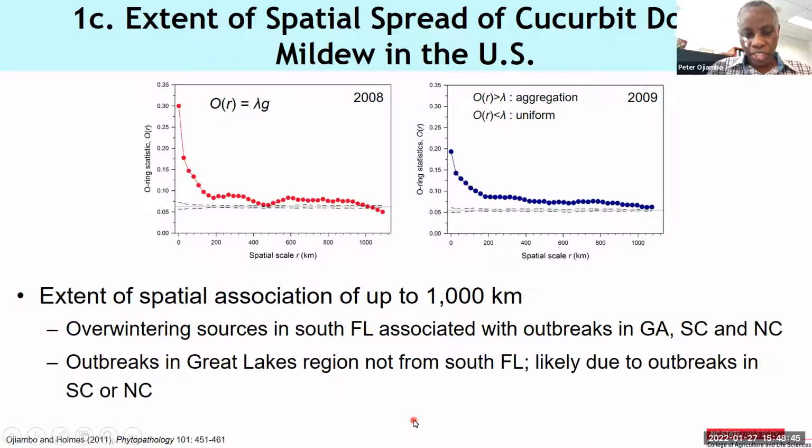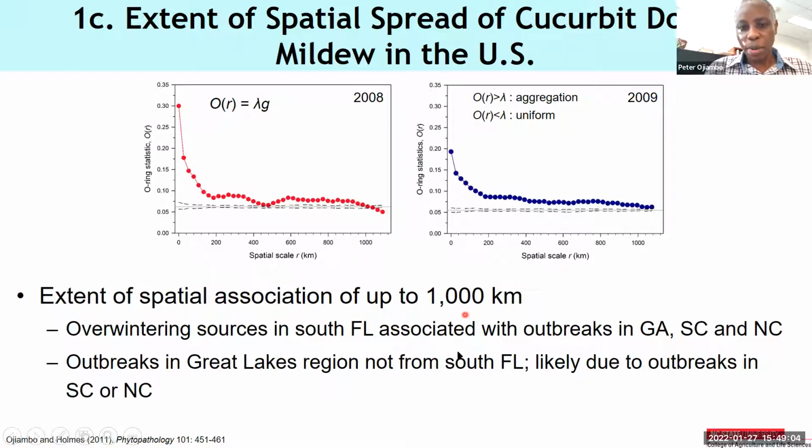However, the infections occurring in the Great Lakes region, for example, are not likely to come from Florida, but are likely to come from outbreaks very close to South Carolina or North Carolina, or some unknown sources within that region.